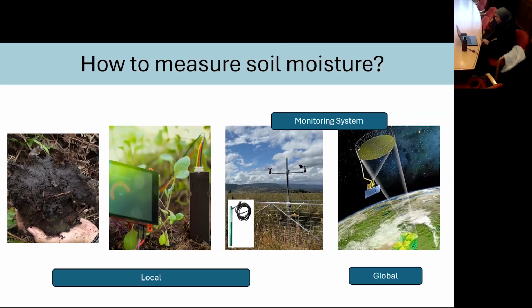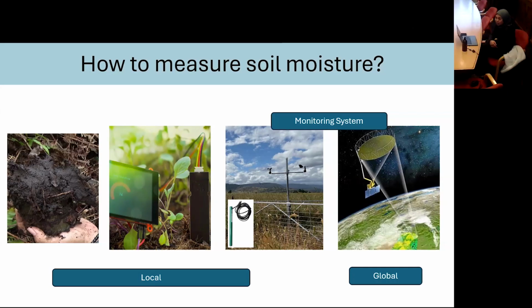So you simply have the measurement of how much water content is in your soil. Another way is using a soil moisture sensor. You only need to put your sensor inside the soil, and then there is a monitor that can give you the indicator of how much soil moisture level is in your soil.